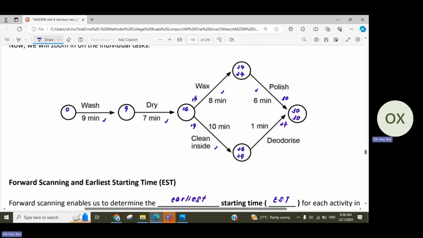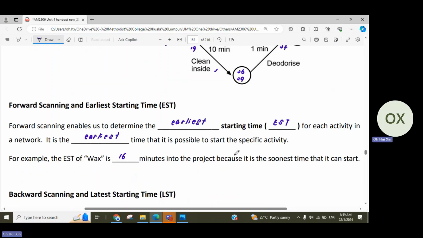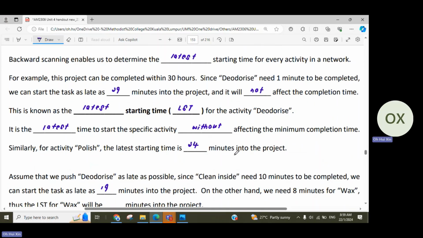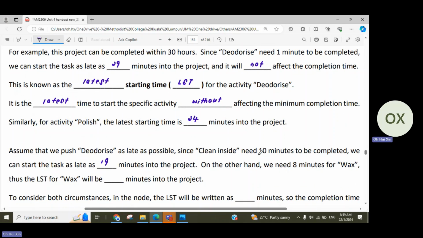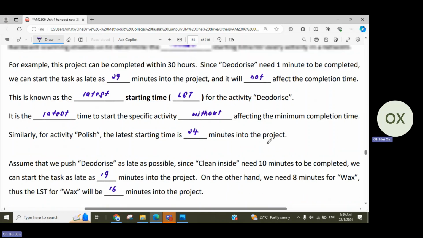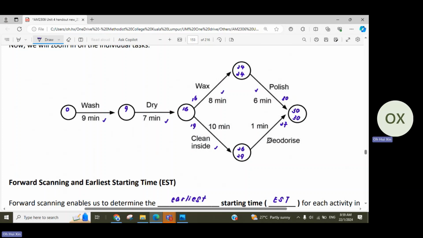So only if you start at 16, plus 8 minutes, can you finish at 24, and only then can you start polishing. Am I right? So for clean inside, the LST is 19 and for waxing it is 16 minutes. Now what we need to do is consider both circumstances.